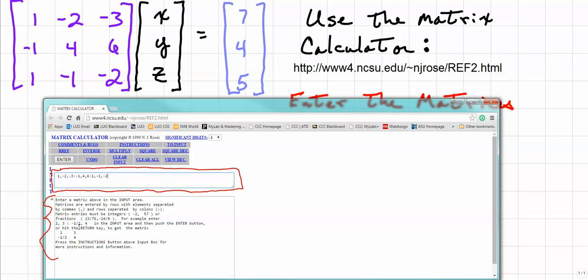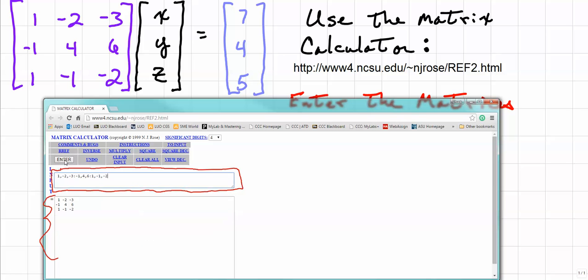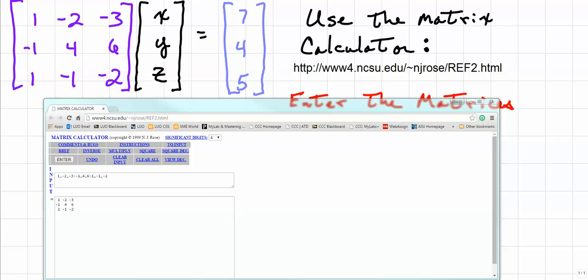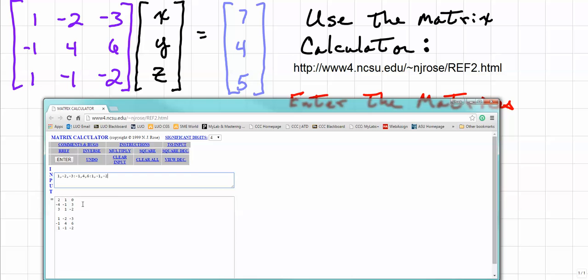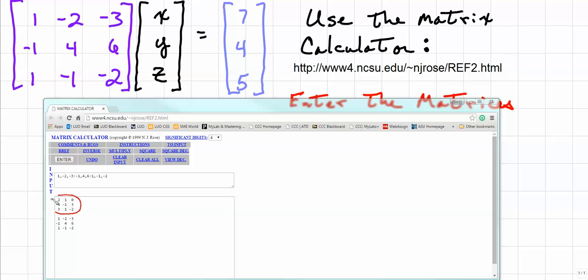Once I've done that, I will click the Enter tab right here. And notice that my matrix is now showing up right here. Now I'm going to left click inverse, and this right here is the inverse matrix A inverse.